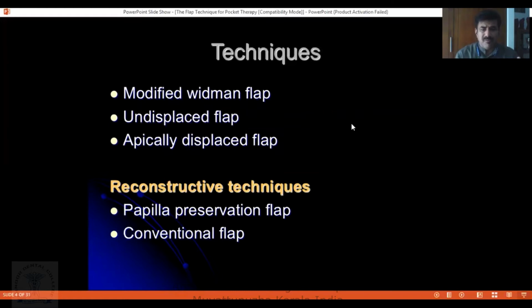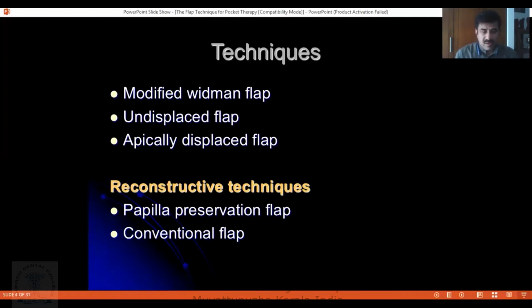Now, when you talk of different types of flap surgery for pocket elimination, you can classify them into 2 groups. The first group is exclusively for pocket elimination. That is, you have the modified Widman type of flap surgery, which is the most common type of flap surgery that we do. There is also the undisplaced flap and the displaced flap.